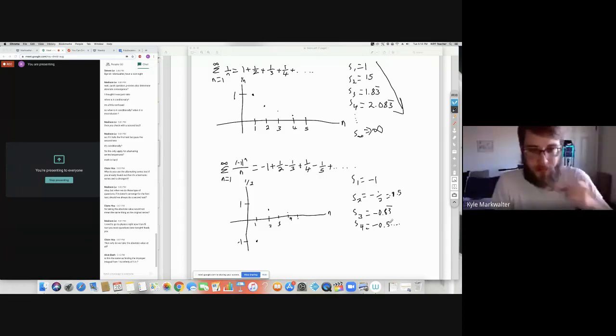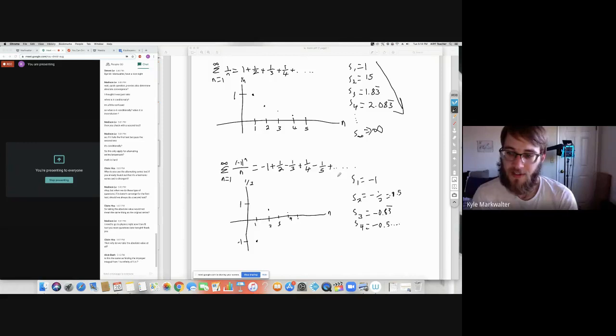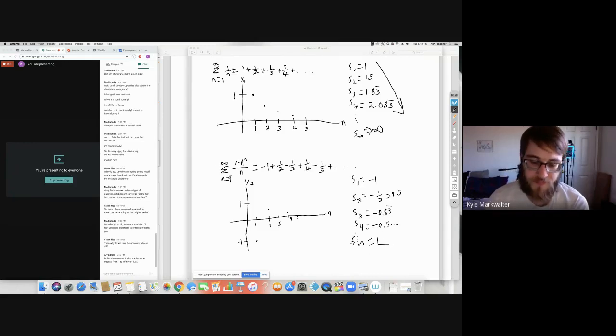We add something, we lose some. It kind of chops itself off. We keep getting closer and closer because we add some, but then we take some away. So it actually gets closer and closer to some value as we continue down the road. It is going to approach some limit and it will converge.